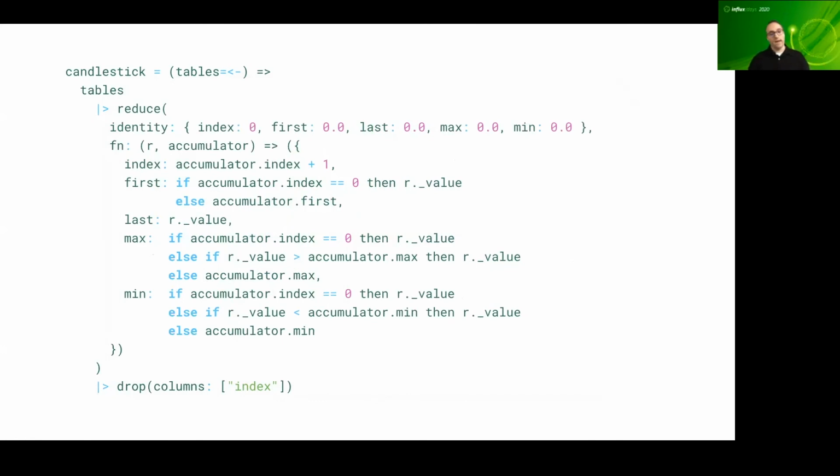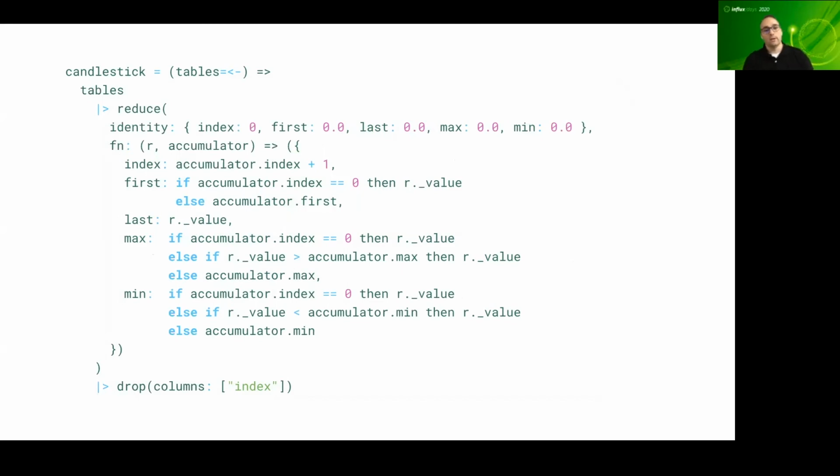But to do that, I again need to calculate the first value in a table. I need to calculate the last value in a table, and then the max and the min values in that table. To calculate the first, I need to track the index, or just the iteration count as it goes through. So in my identity, I have the index starting at 0, and then all my first, last, max, and min values starting at 0.